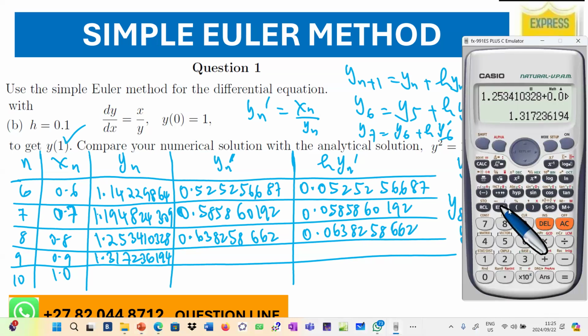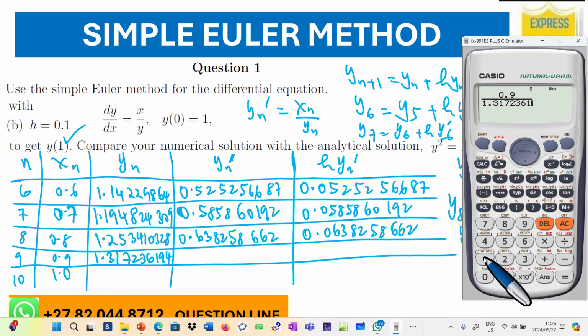So yeah, we're finishing, please, and then moving to the next question. So that's going to be the x, which is 0.9. You divide by, that's x9 divided by y9, which is 1.31. I said right, the rounding off errors, we expect them. So the penalty, I'm sure, is minimal.